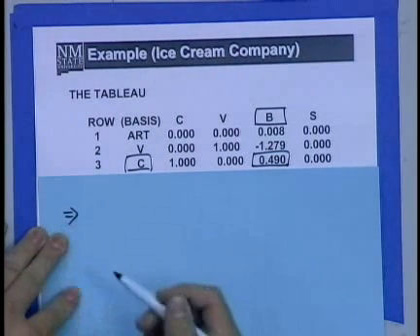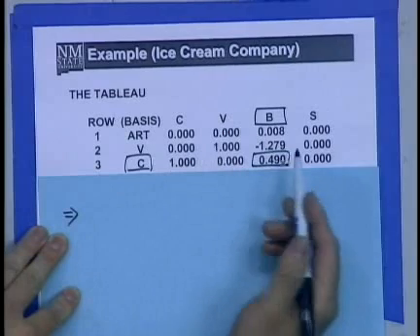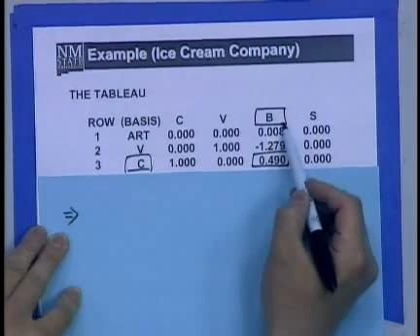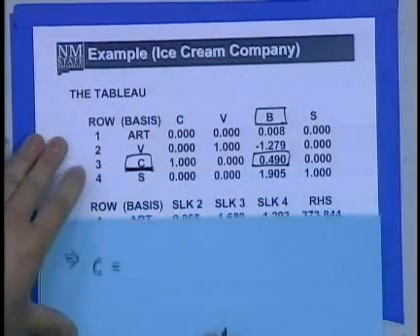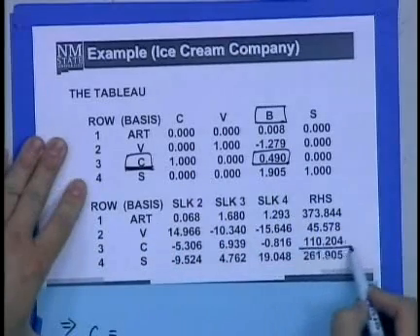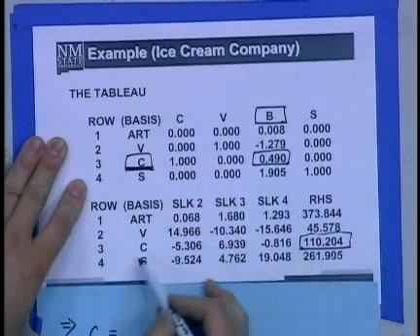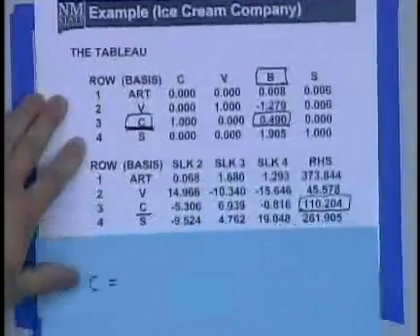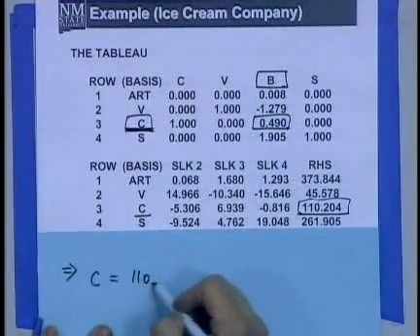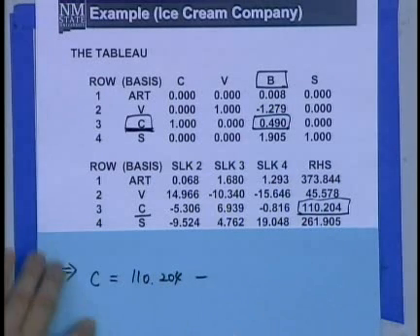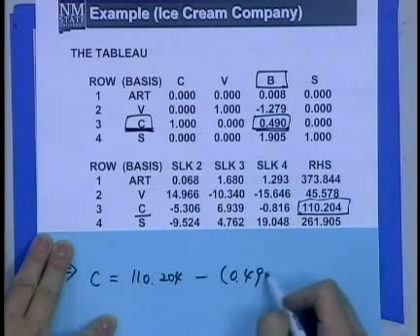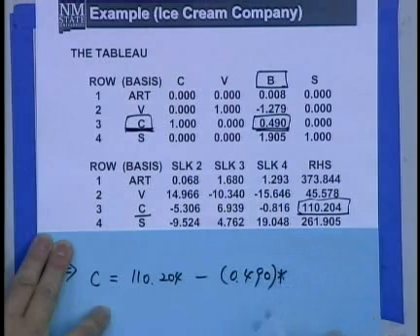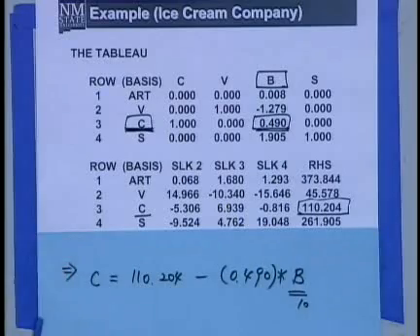So if the non-basic variable B increases by 10 gallons, then the basic variable C becomes, the current value is 110.204, right? 110.204 minus this substitution rate 490 times the B value with a value of 10 for B, right?